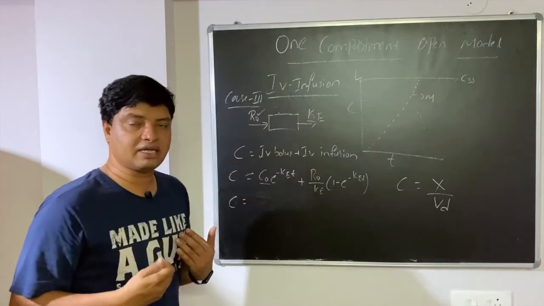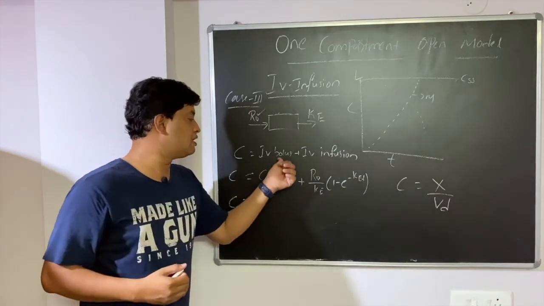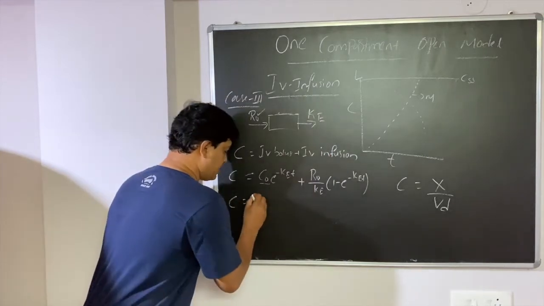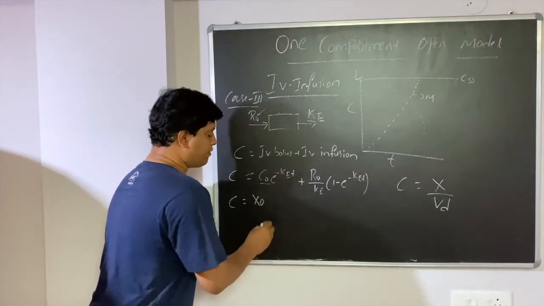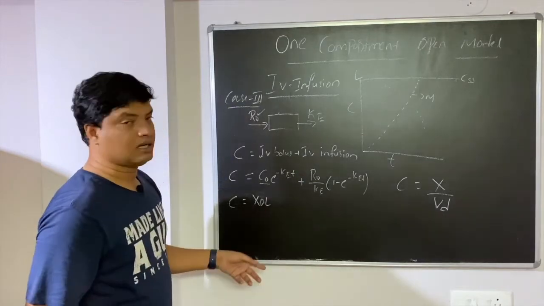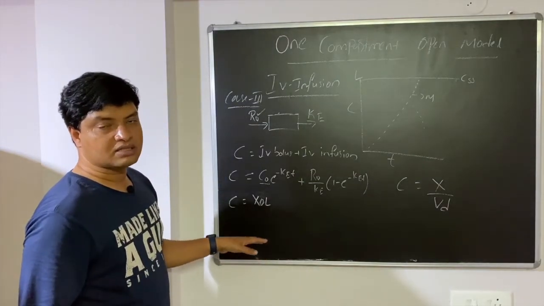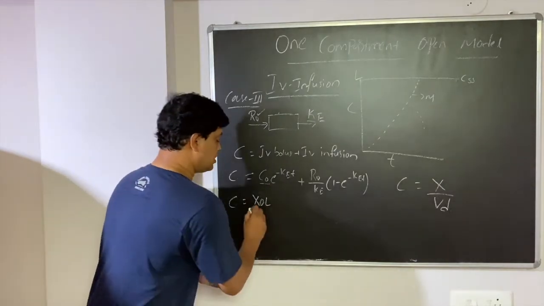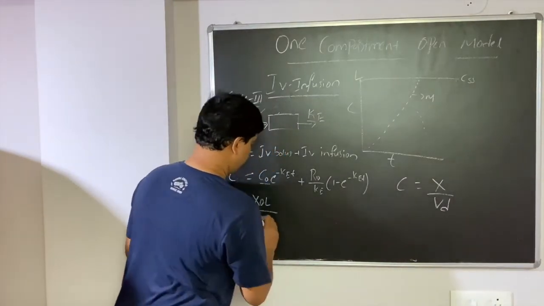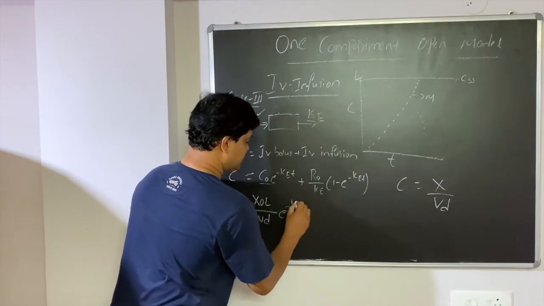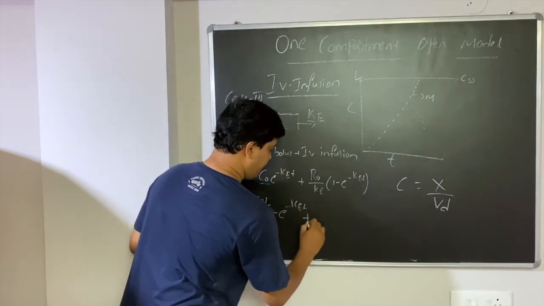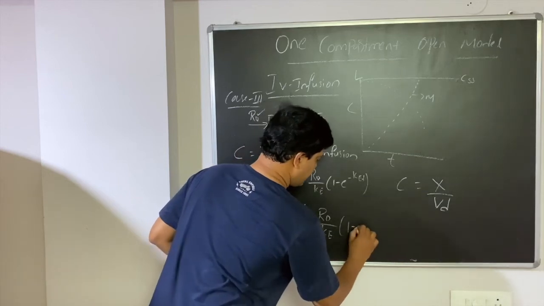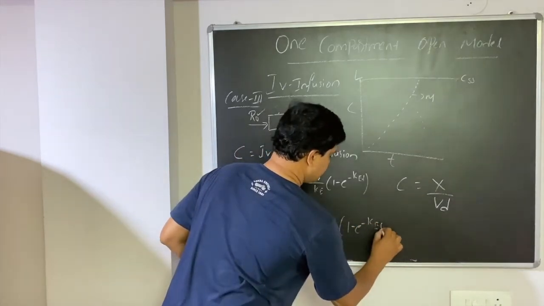The concentration of the drug in the body when it is maintained by giving IV bolus and IV infusion is, amount I am representing as X naught L. X naught L means amount initial loading dose, divided by volume of distribution, into e to the power of minus Ket, plus R naught by Ke into 1 minus e to the power of minus Ket.